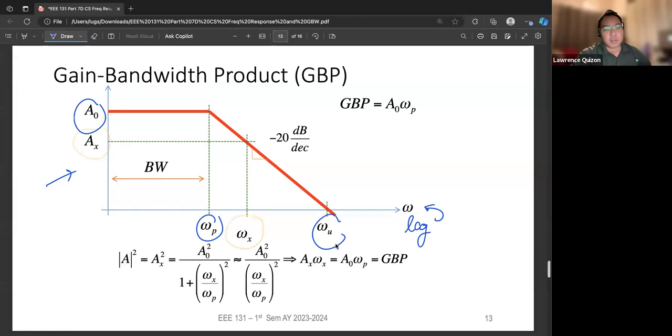So, ano nangyari? Well, it turns out that anywhere along this 20 dB per decade line, if you multiply the value at x and the value at y, you would always get the x-intercept. So that's that.